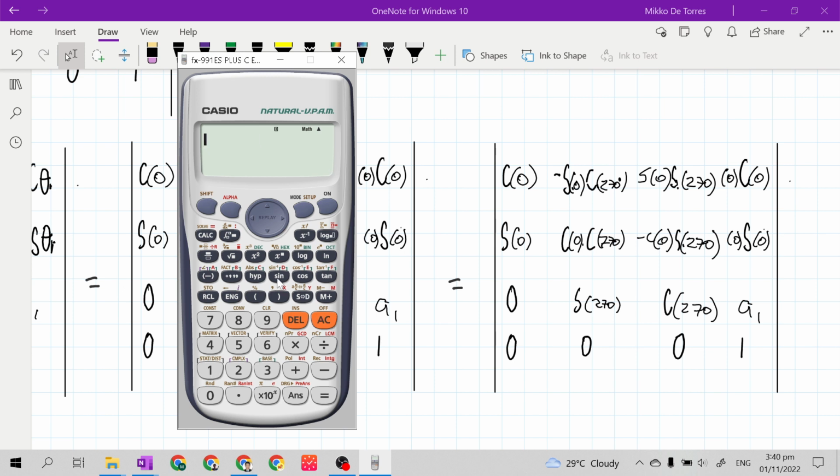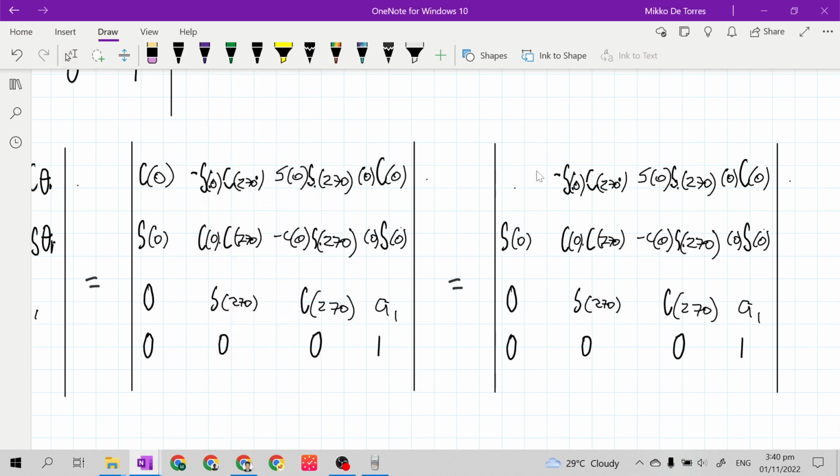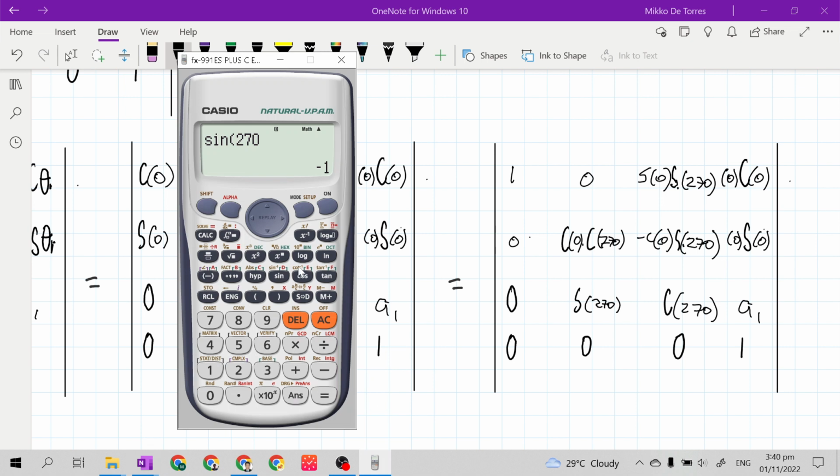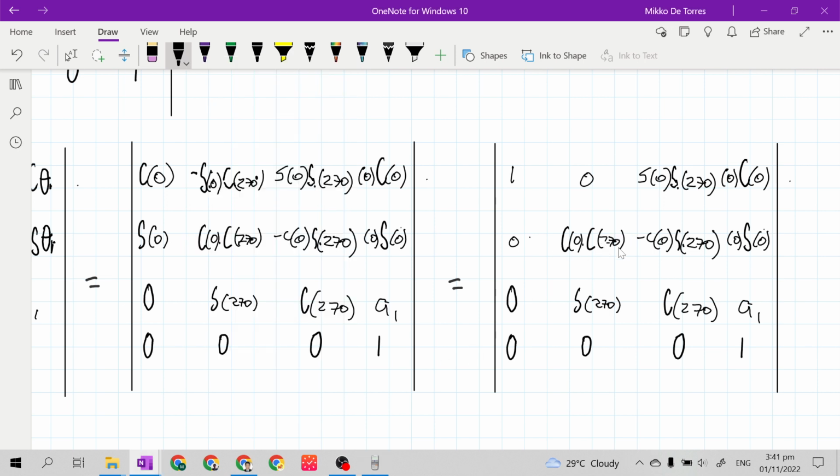Sine 270 is equal to negative 1. Cosine 0 is 1, but cosine 270 is 0. Am I right? Cosine 270 is equal to 0, so this is also 0.